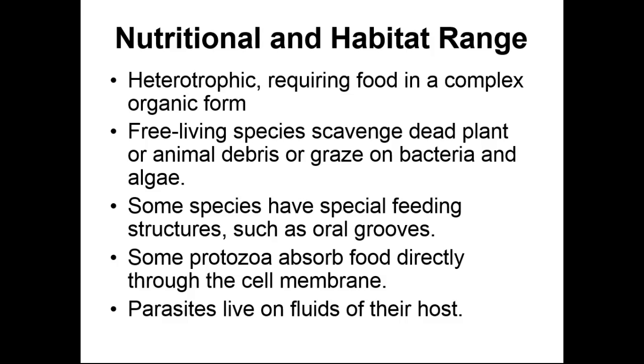Some protozoa are capable of absorbing food particles directly from the environment through their cell membrane. Typically, though, protozoa phagocytize larger particles and use direct absorption for smaller particles. Protozoa can have parasites within them, and these parasites can live on the fluids of their hosts.